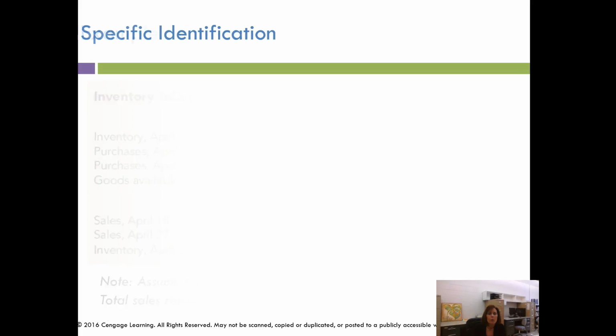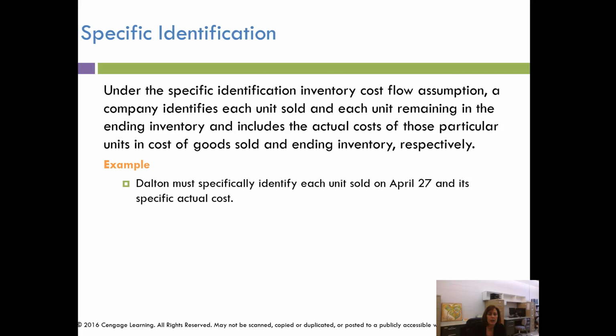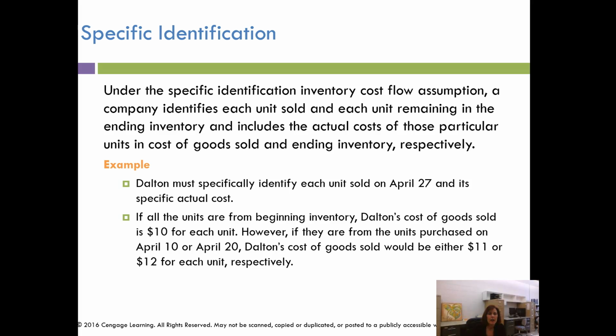And so the first method we're going to talk about is the specific identification method. And so here the Dalton Company would specifically identify the units sold on April 27th. It would literally have tagged each unit, and it would follow each unit specifically through the chain.